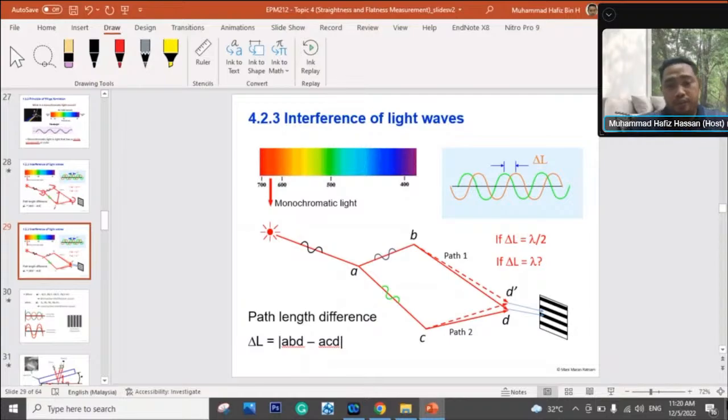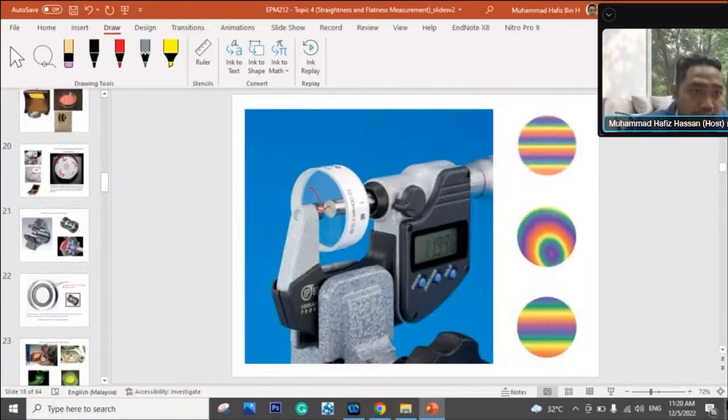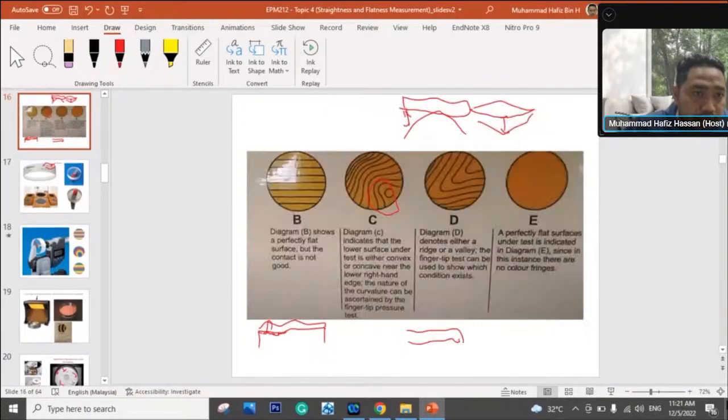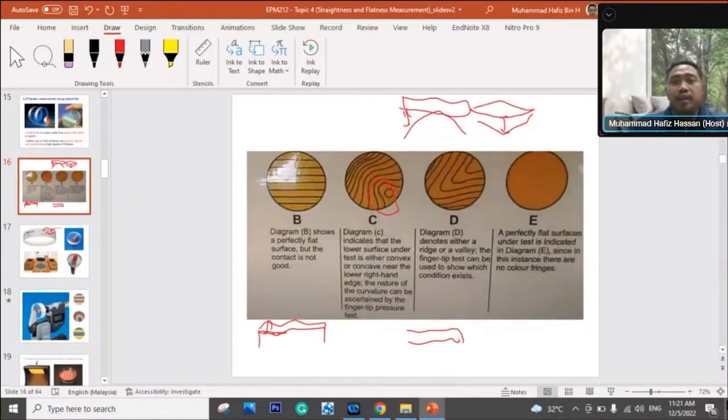If I give you an example here, this one, E, a perfectly flat surface under test is indicated in the diagram, since the distances are equal and there is no color fringe. So no more color fringe is visible on this surface, which means it is perfect. All of the surface of the specimen that you want to measure is in contact with the optical flat.